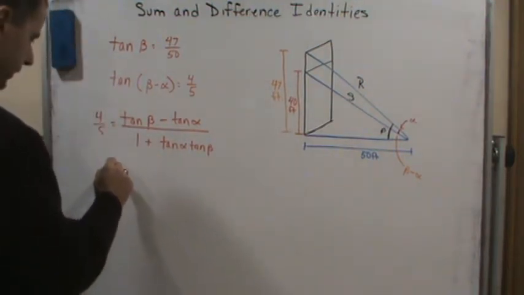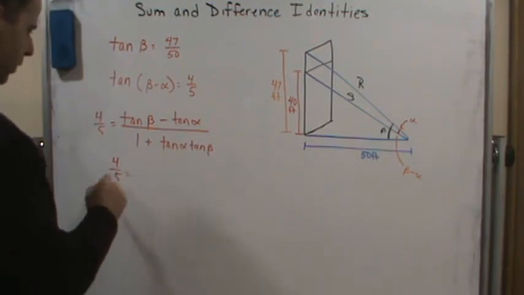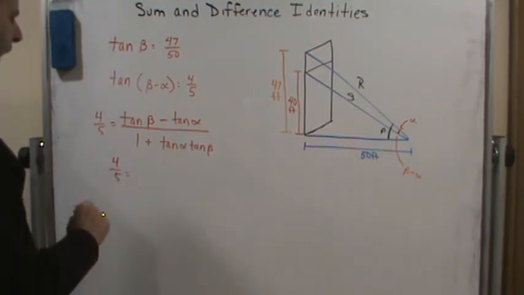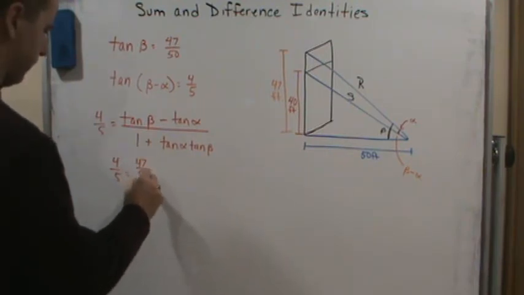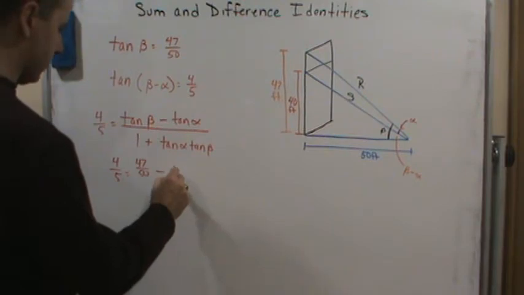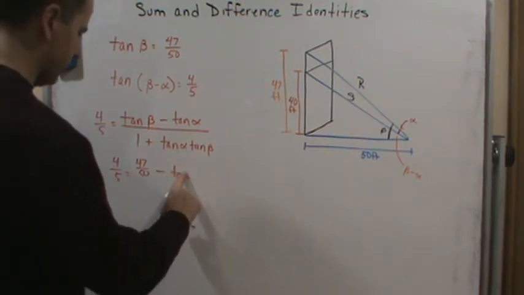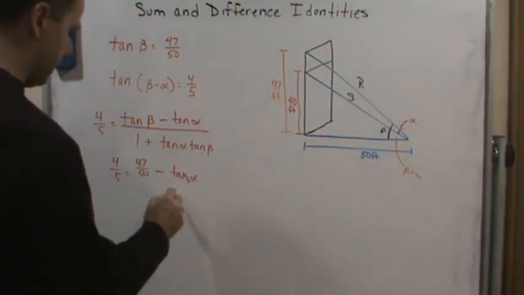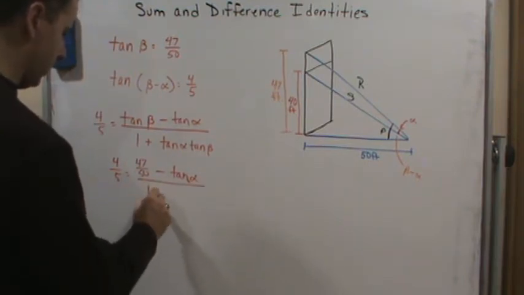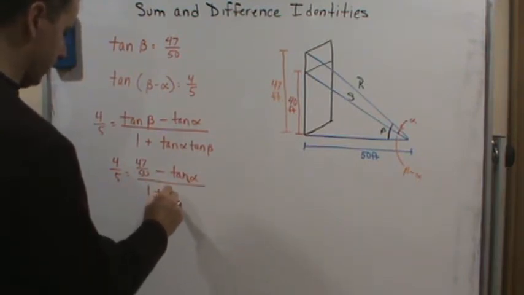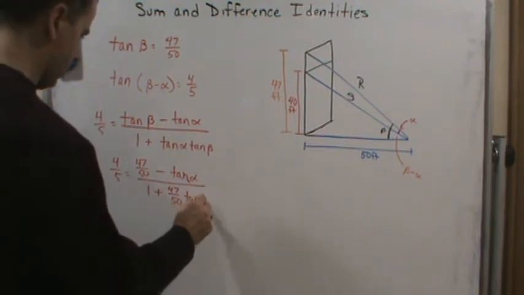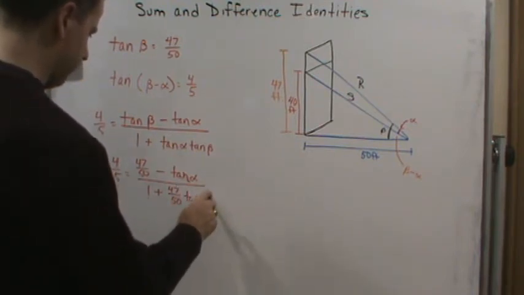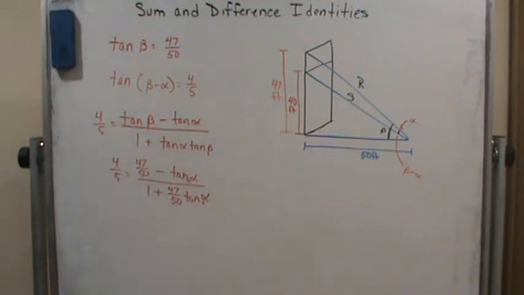Okay, so let's plug everything in. So 4/5 equals tangent beta, which is 47 50ths, minus tangent alpha, all divided by 1 plus 47 50ths tangent alpha.